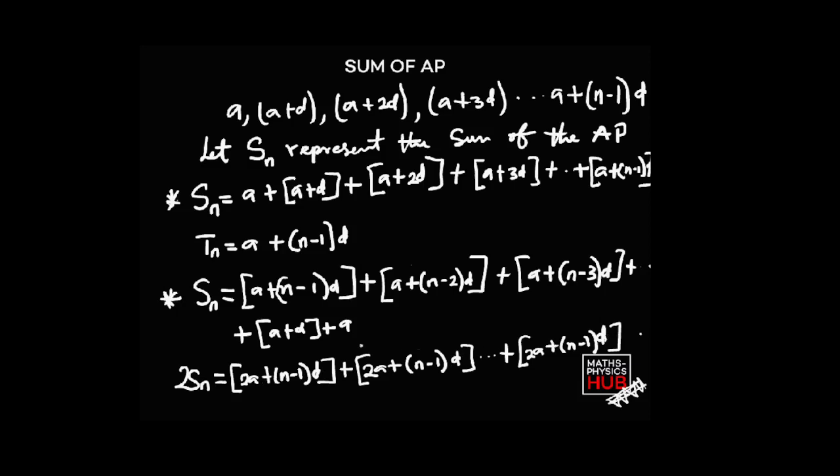Let's say the number of terms in this sequence that I added together is 3. That makes this one become 3 into bracket 2A plus n minus 1 times D. That will be the sum of everything here, isn't it? But remember at the beginning we said it is the nth term.